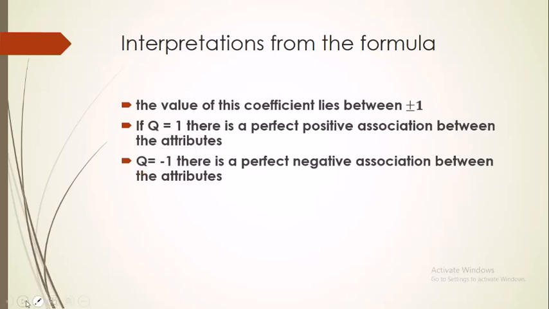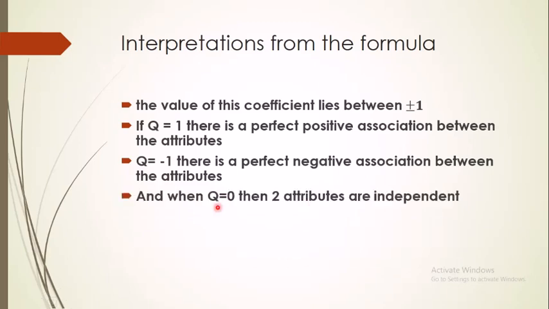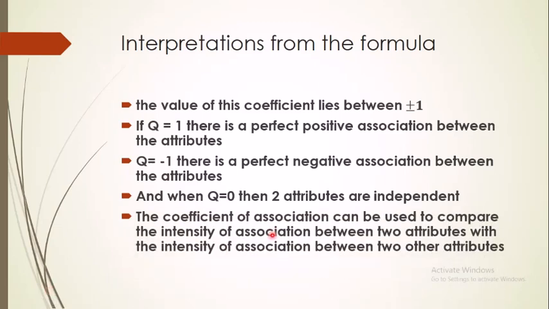If Q is equal to minus 1, there is a perfect negative association between the attributes. And when Q is equal to 0, the two attributes are independent. Therefore, the coefficient of association can be used to compare the intensity of association between two attributes with the intensity of association between two other attributes.